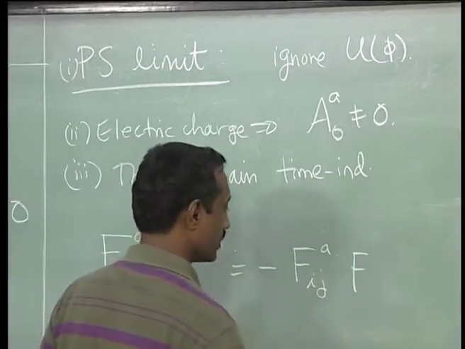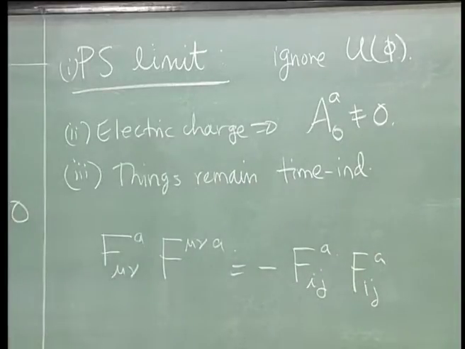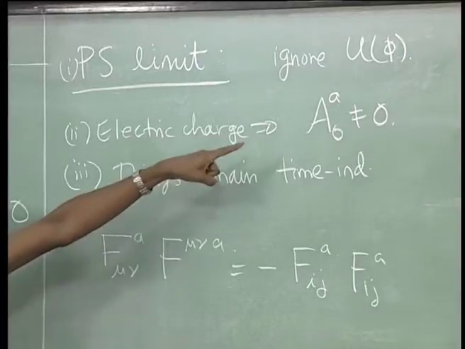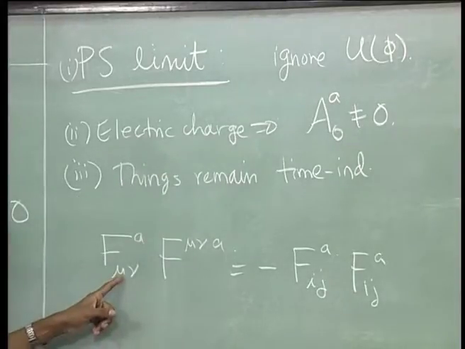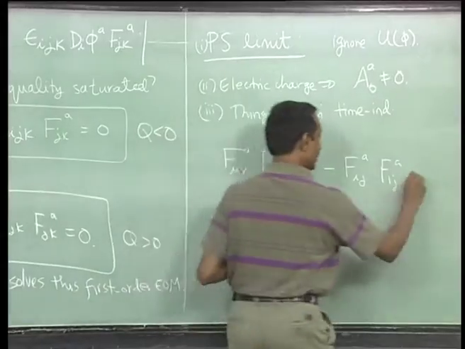Now let me pull everything down, because I have taken care of the sign. This is what we would have got. But now we cannot do that because A0 is no longer 0. So now we will get an extra piece.